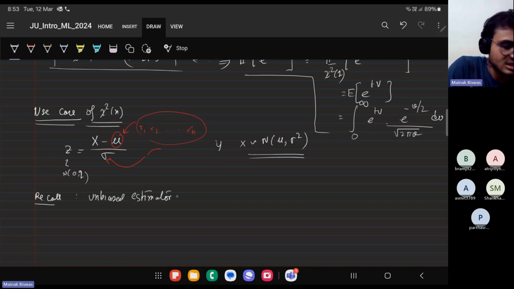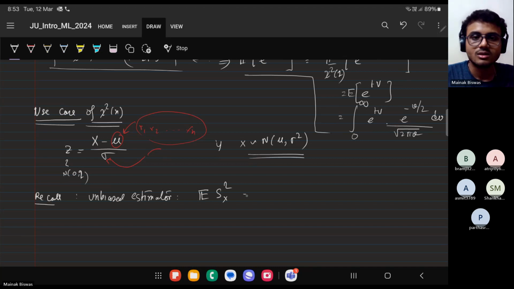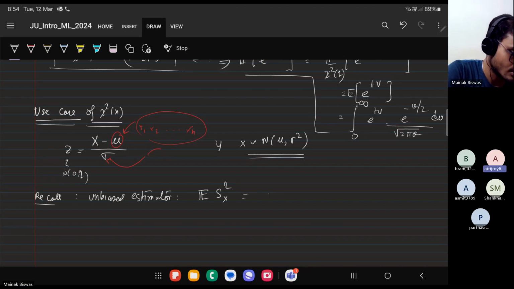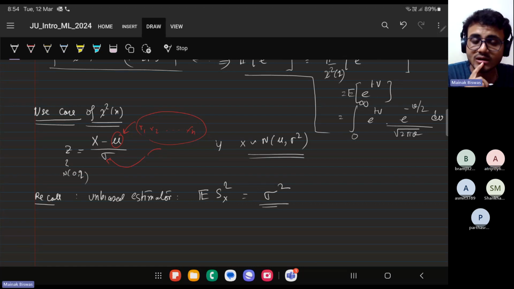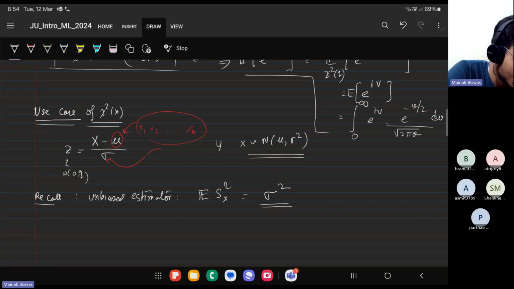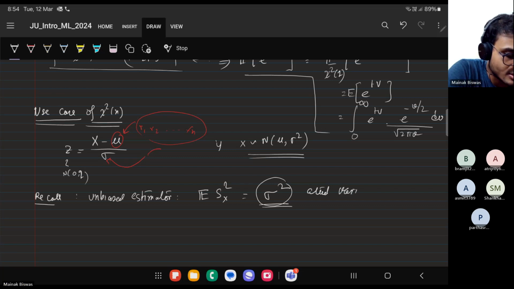Do you remember why it is an unbiased estimator? Because we multiplied that factor to the biased one to get it. Now what is an unbiased estimator? The expected value of that is equal to the actual variance, right?